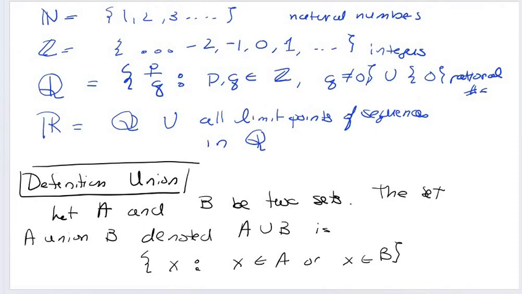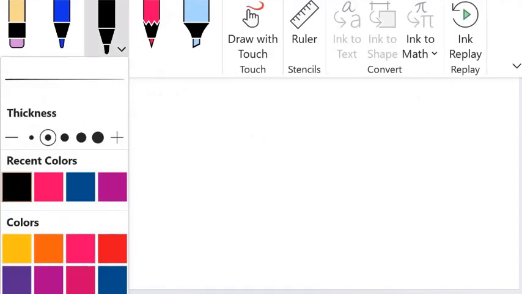If something's in the union, it's either in A or B. It's the set of X such that X is either in A or X is in B. Two more. Okay, here's another one: intersection.